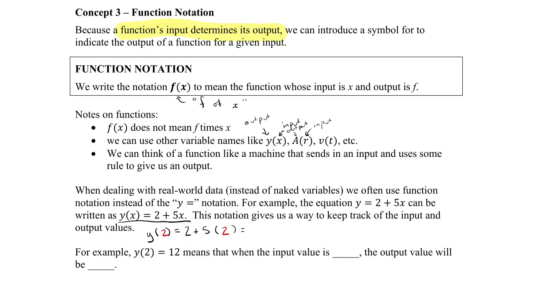That'll be 2 plus 5 times 2 is 10, or 12. So with this function, y of 2 equals 12. That means that when the input is 2, the output is 12. Let's see some examples of working with function notation.